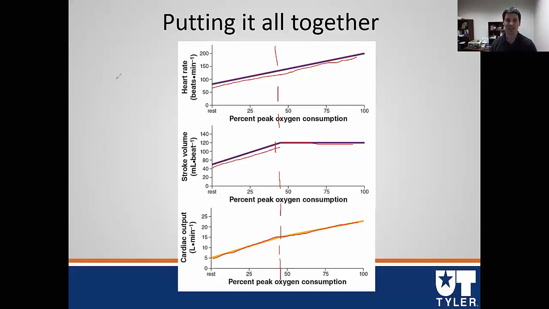After 40%, the increase in cardiac output is due only to an increase in heart rate. There is no increase in stroke volume, so heart rate is solely responsible for the increase in cardiac output from 40% of VO2 max all the way to maximal exercise.